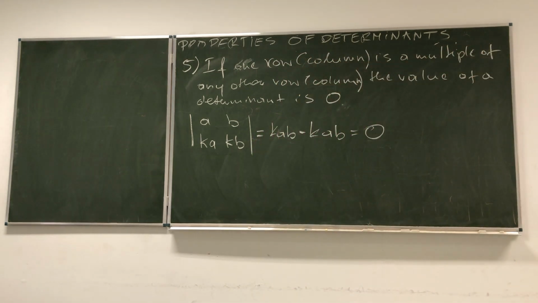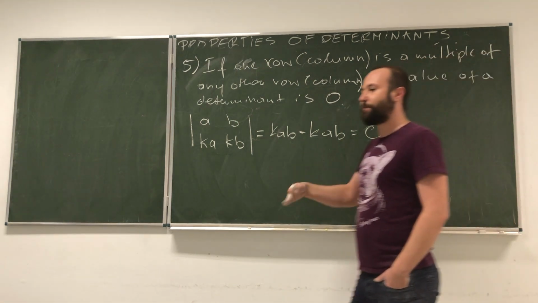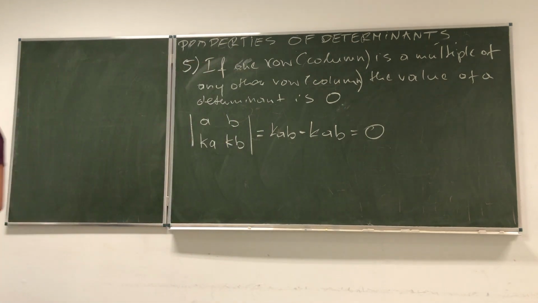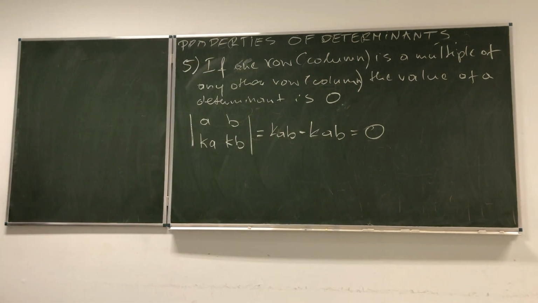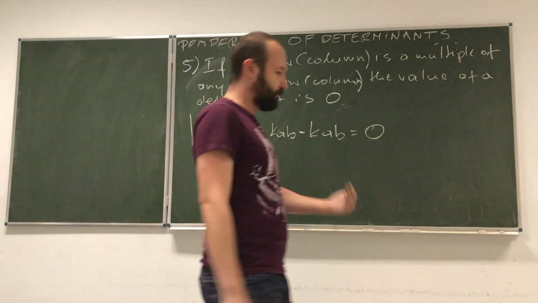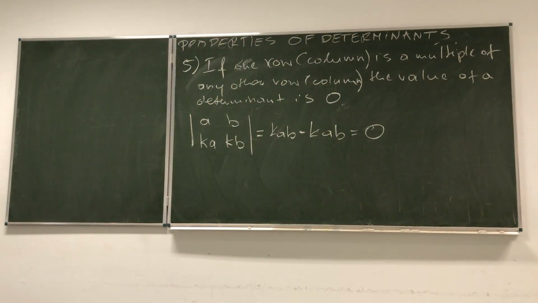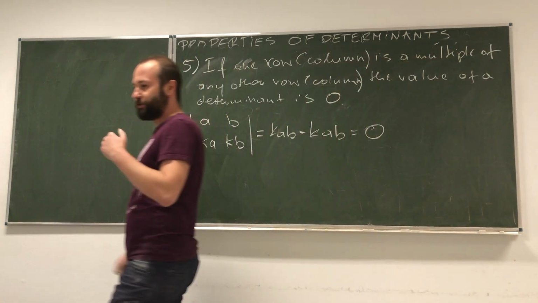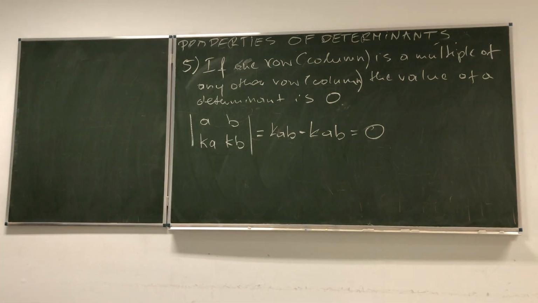This is going to be 0. So, we clearly see that if there is a strict proportion between any two rows, or after some operations we can show that two rows or two columns are identical, the value of the determinant must be 0. We don't need to calculate anything, we just know that it must be equal to 0.